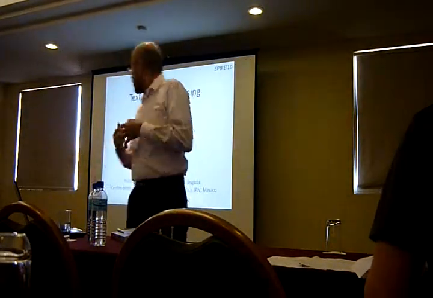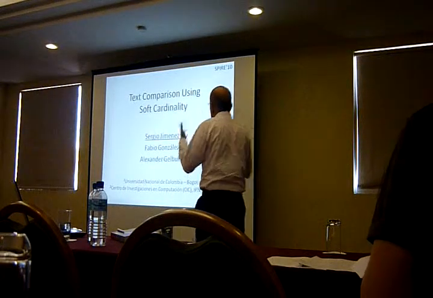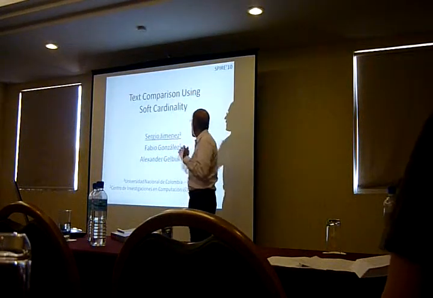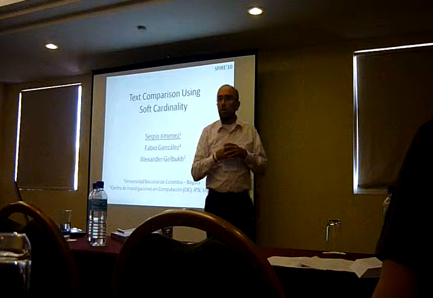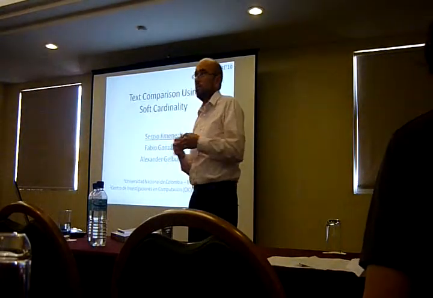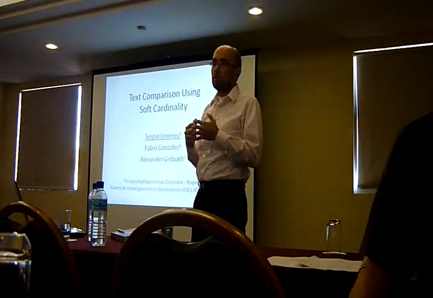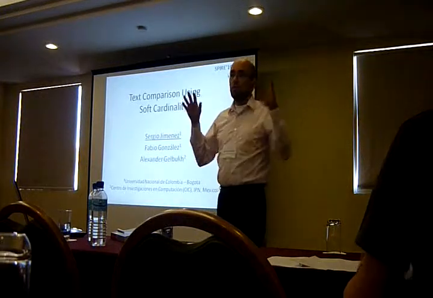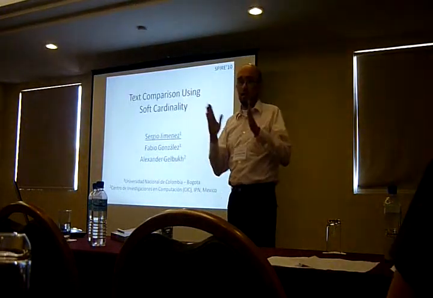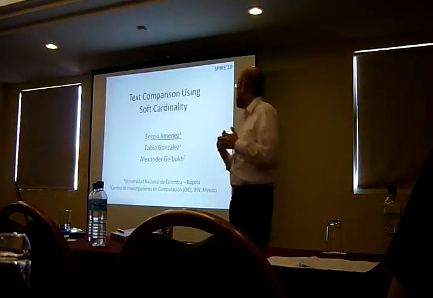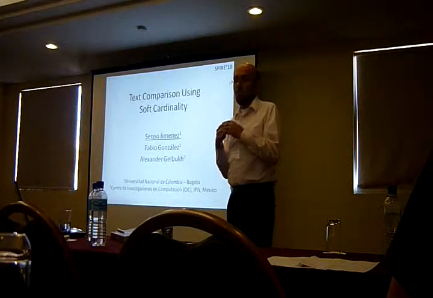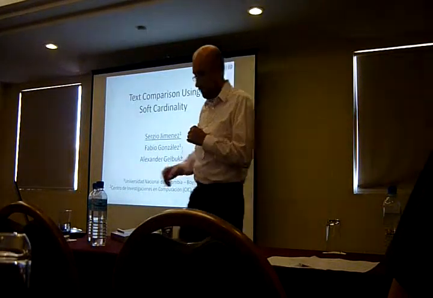So we are trying to use the same idea, but making a different approach from, for instance, fuzzy sets, to try to soften that concept of cardinality in order to make approximate comparisons of text.